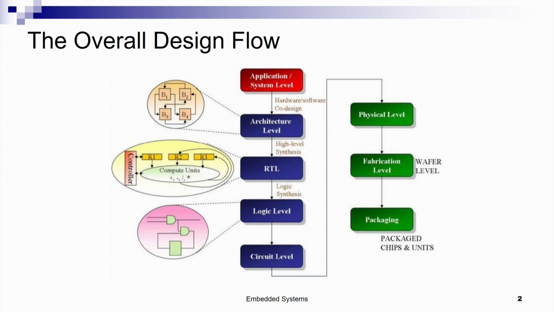So, that node can, for example, correspond to one node of the task graph at a certain level of granularity. So, if we see this figure, first we have the application or system level, and at the application or system level, we have modeled the entire application in terms of a task graph.